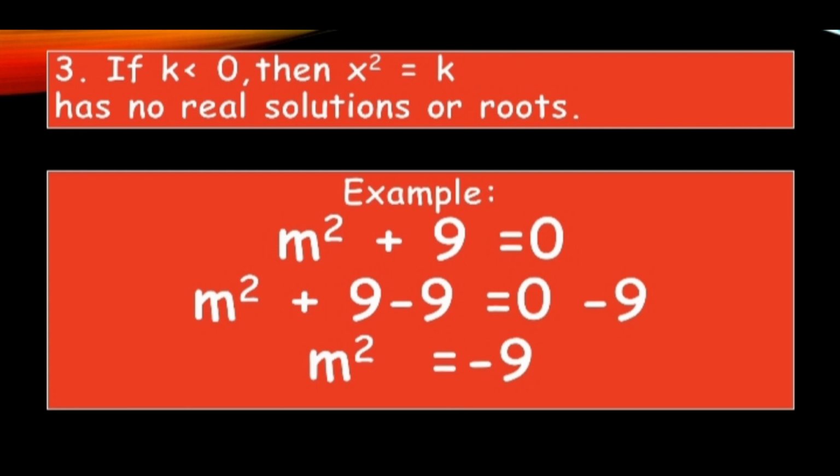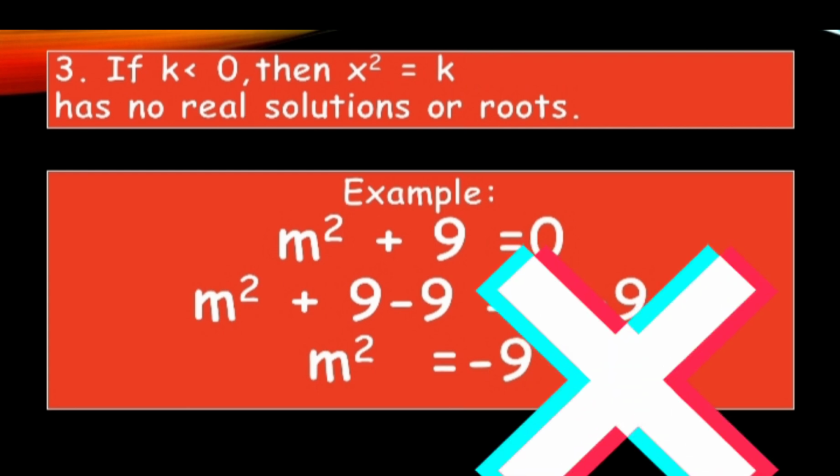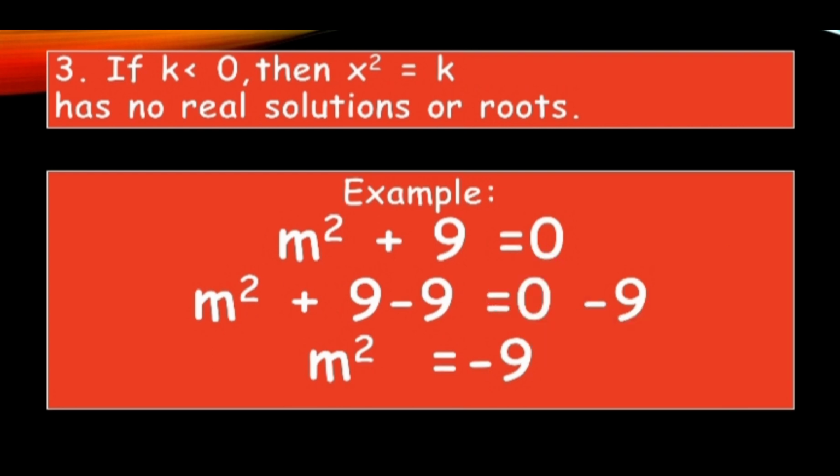Why? Because we cannot get the square root of a negative number. Since we have imaginary number, so our answer cannot be no solution, but the answer is no real solution.